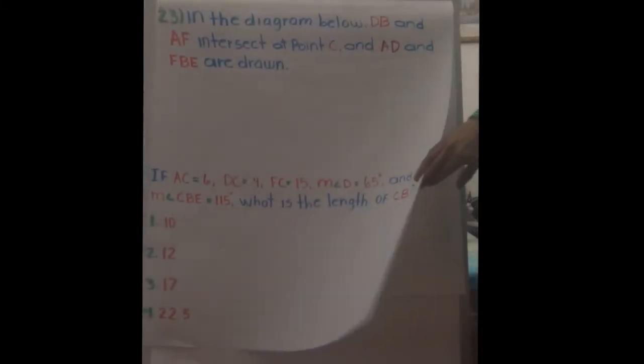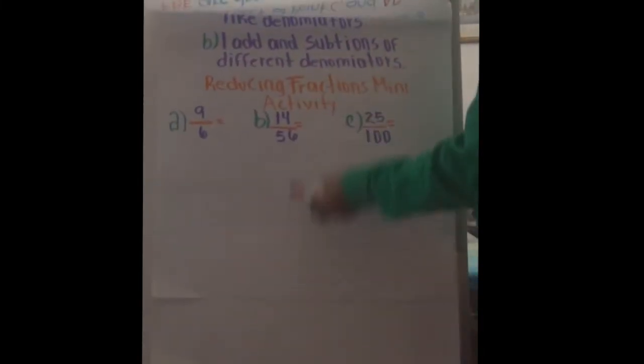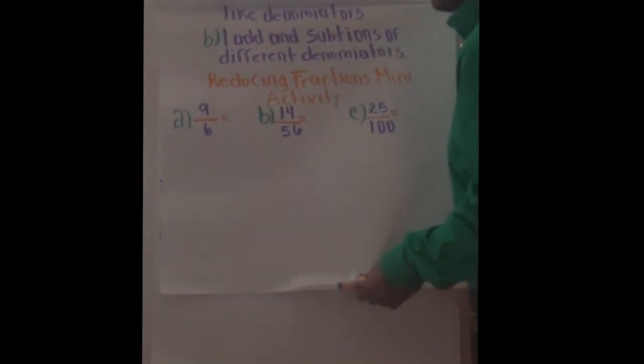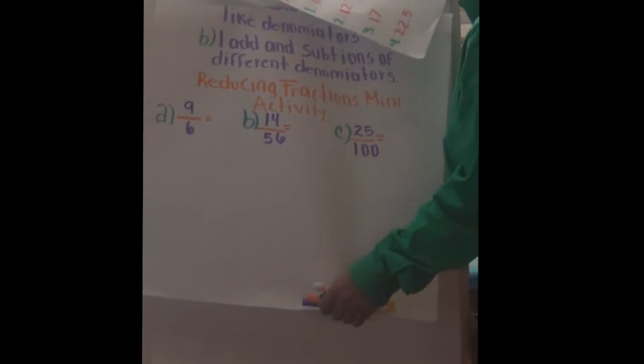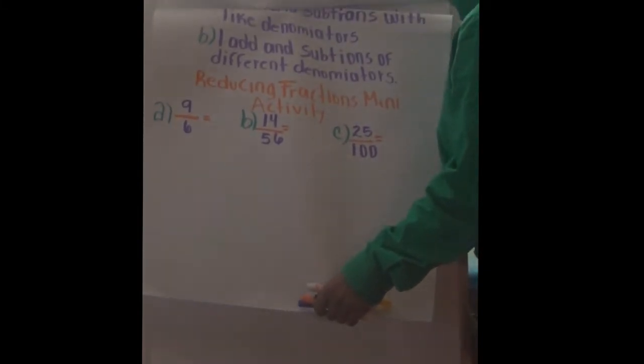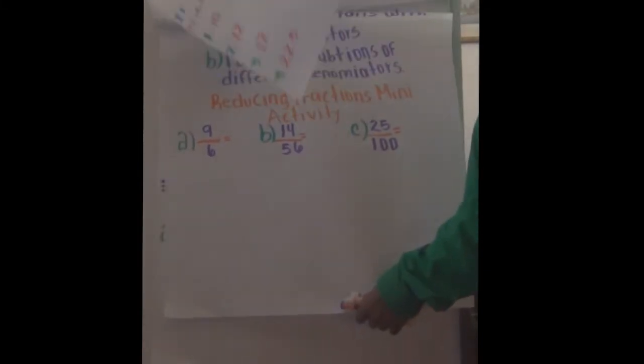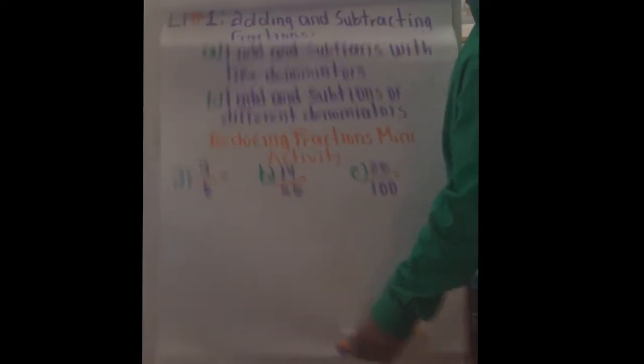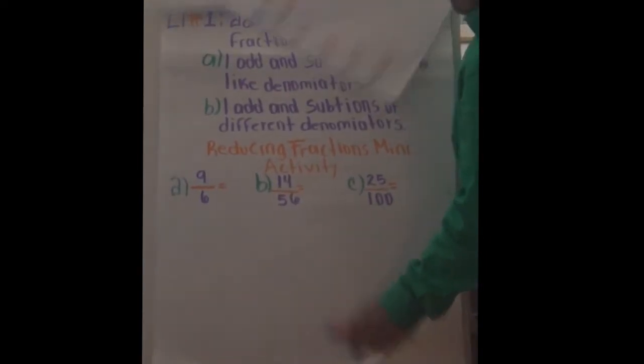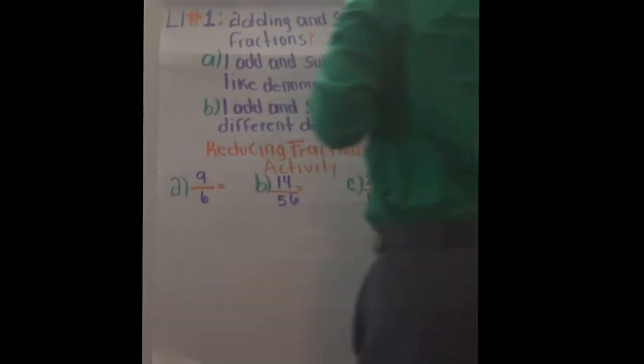Let me see the diagram below. Oh, that's geometry. No, it's not happening. Okay. Little guy, you need to go away. Oh my god, this is a mess. I should have done this before, right? Okay, here we go now.